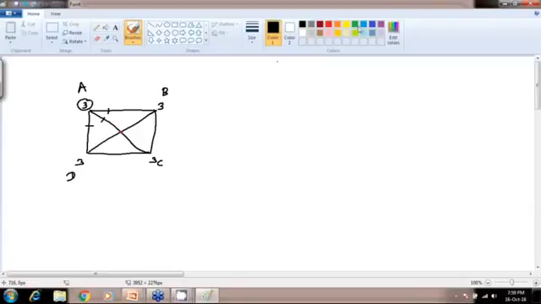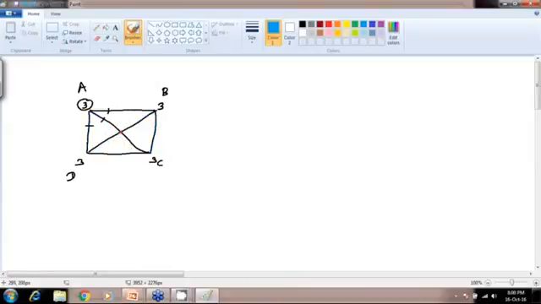So let's see if the postman can travel from any particular city, let us say city A, B, C, or D, and then go through all these edges exactly once, without traversing the same edge again. So suppose he goes from D to A and A to C and C to D, and let's say B and then C, but then we are left with AB.